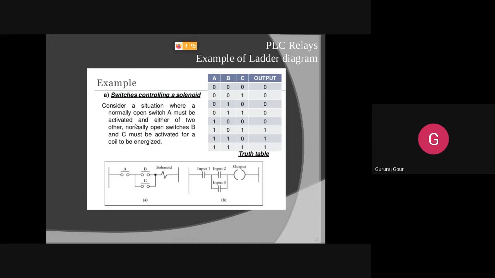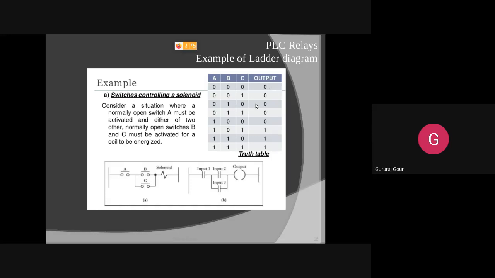A must be activated and either of the two others, that is normally open switches B and C, must be activated for a coil to be energized. So A is always open. You can see here, when we are getting the output, it is something like A ANDed with B or with C.